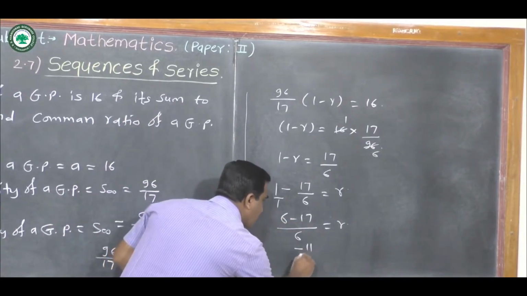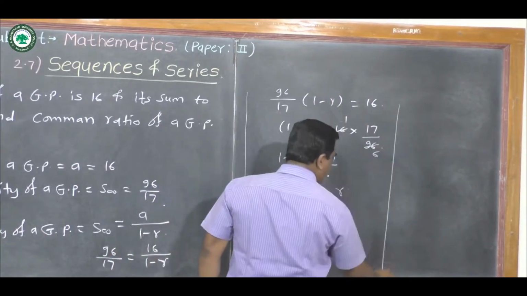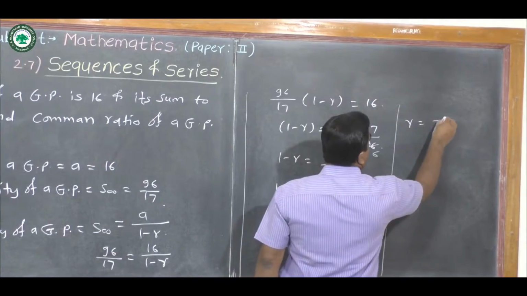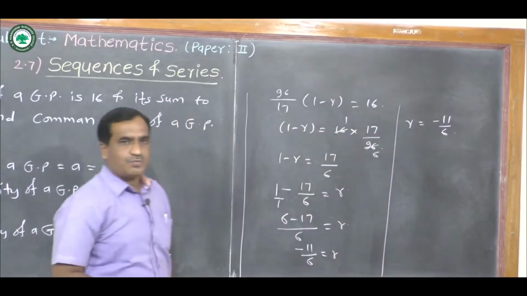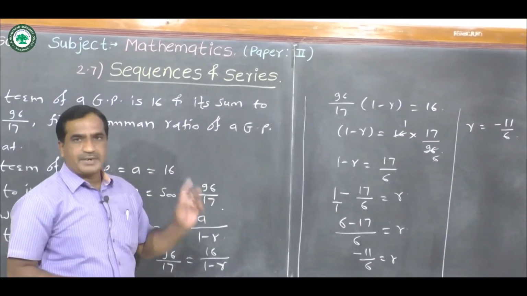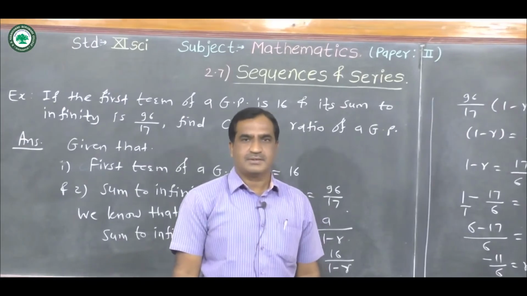Minus 11 upon 6 is equal to R. That is, R is equal to minus 11 upon 6. This is the common ratio for the given geometric progression. Okay, today we stop here. Thank you.